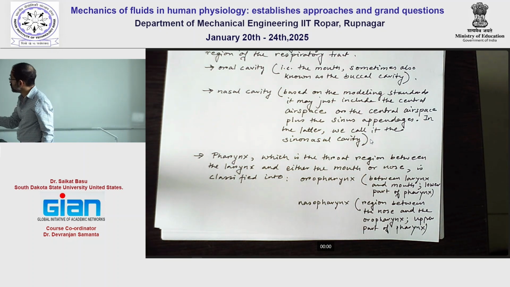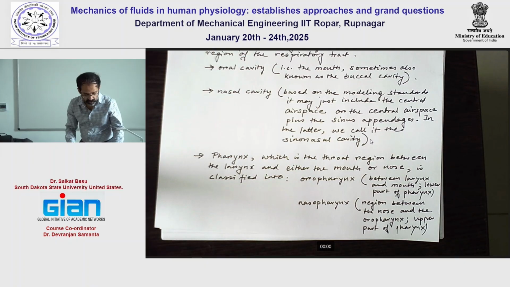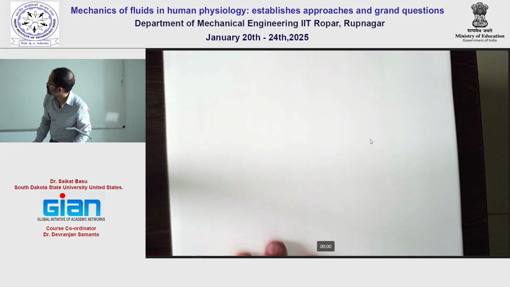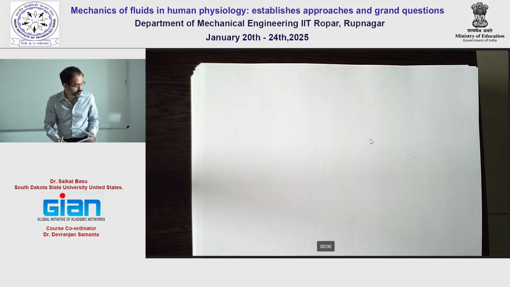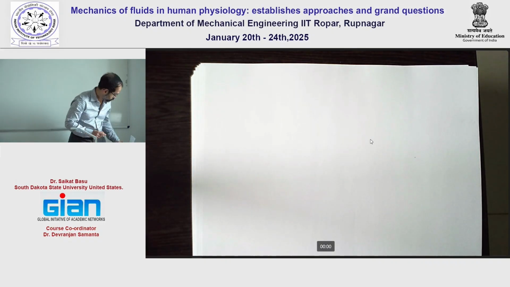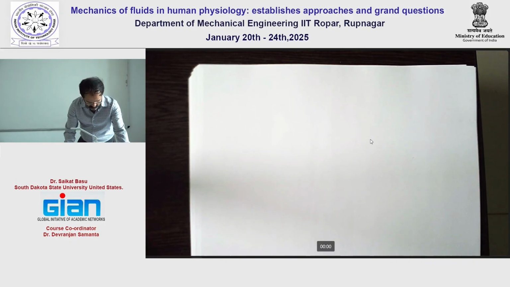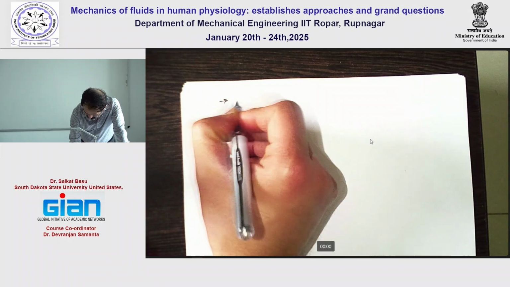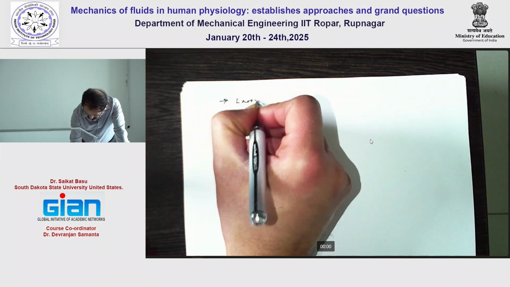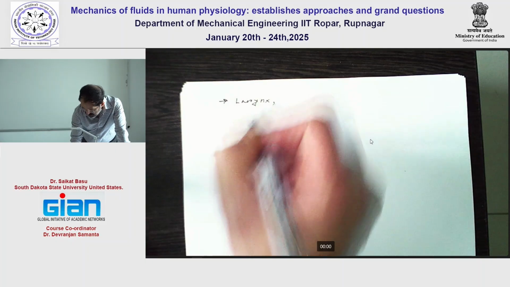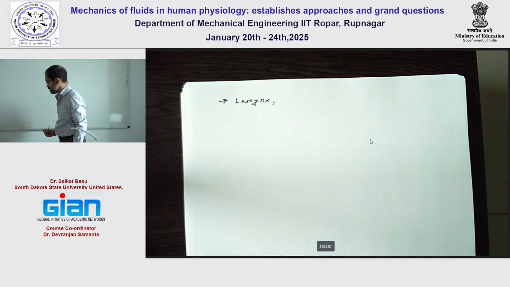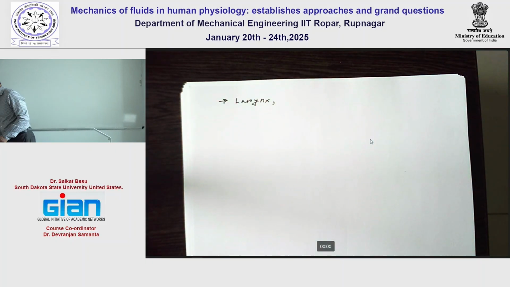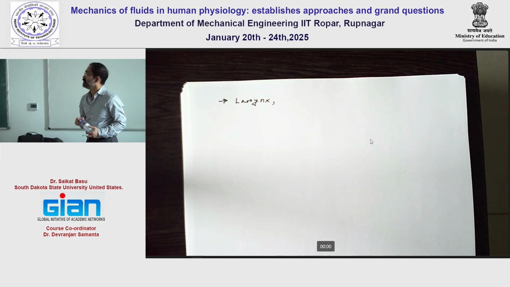After this, we move further downwind and come across the larynx. As I said, the main important part over here is the presence of vocal folds.